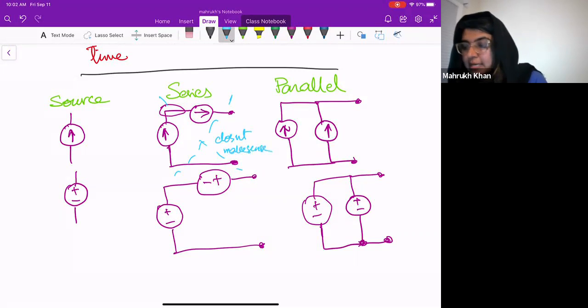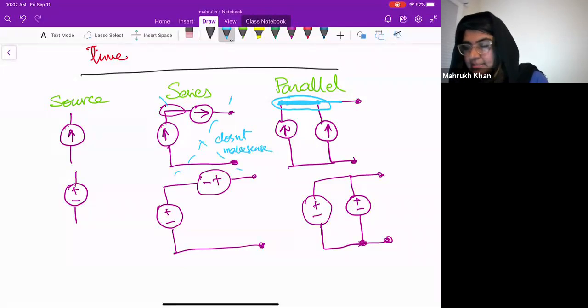But if you see here, you are satisfying KCL, because this current is entering the node, and the same current is leaving. There could be any circuit beyond that.